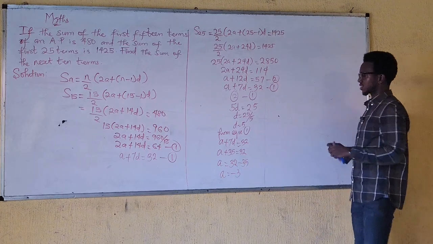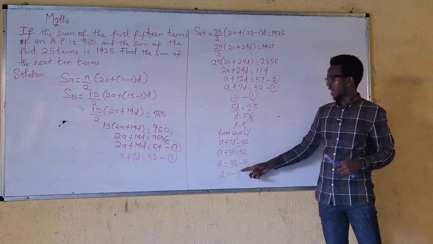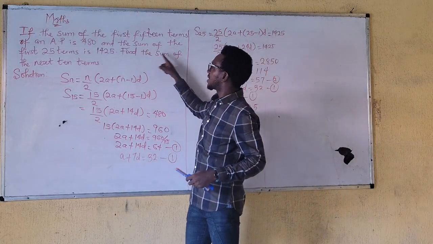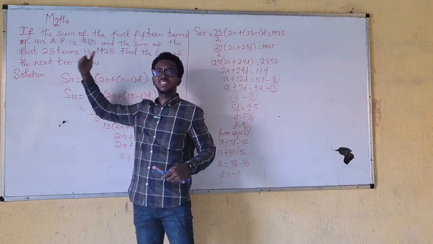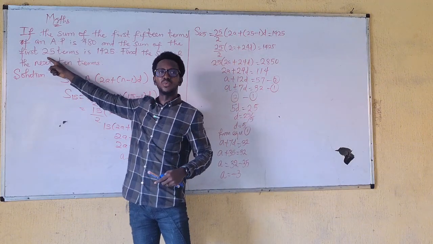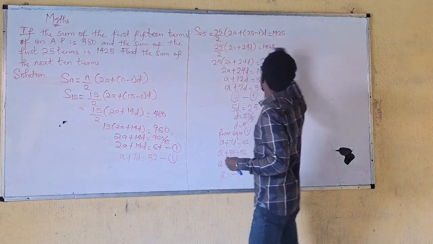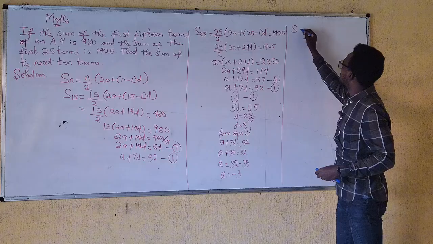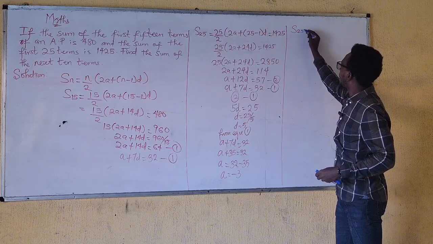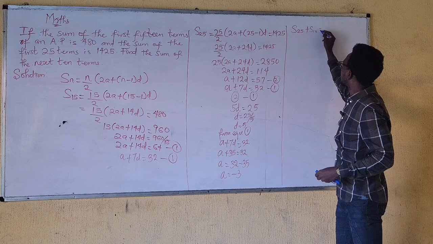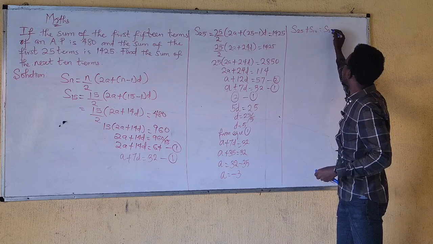So now that we have successfully gotten our a and d, if you look at what they asked us to find, they said we should find the sum of the next 10 terms. The last set of terms we knew was 25 terms. So if they say next 10 terms, what it means is S25 plus S10. So we are going to have S35.